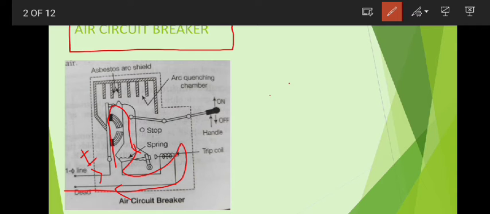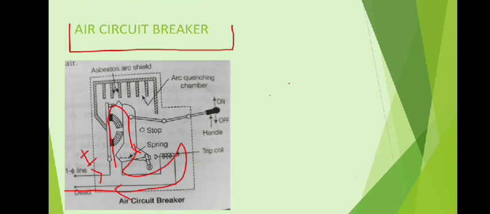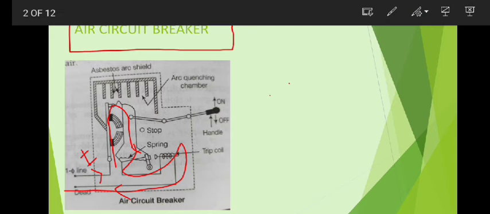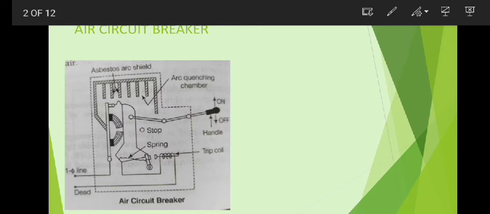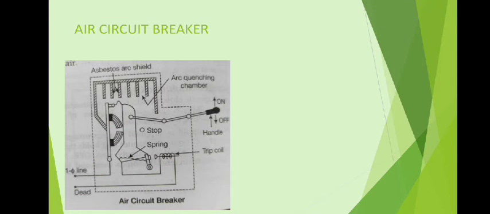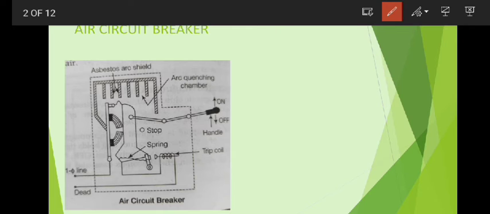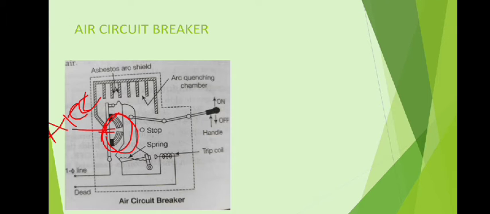So our current flows like this, and whenever a fault occurs, this should open. The arc will be created here due to the short gap. That's why we have to reduce the arc.